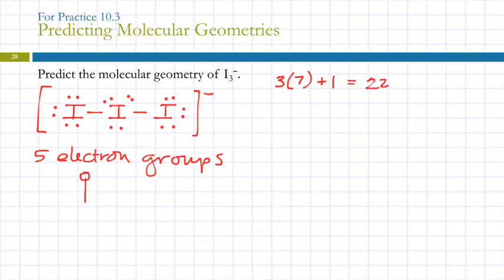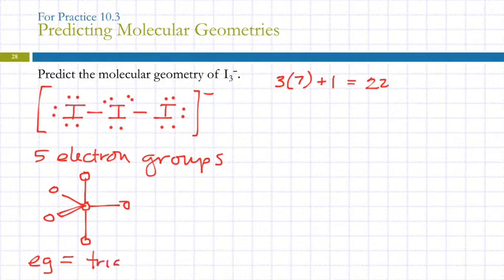So we've got over here, and then we've got going back and coming out this way. So this is the equator, the equatorial, the tutu. Here's her head and the feet, the axial positions. So 5 electron groups. Electron geometry is trigonal bipyramid.